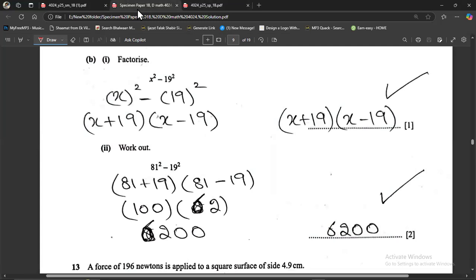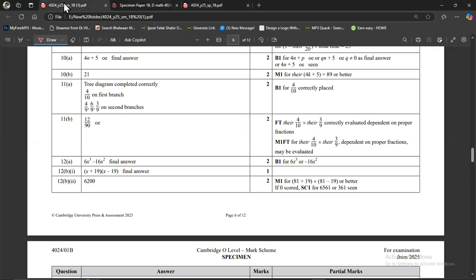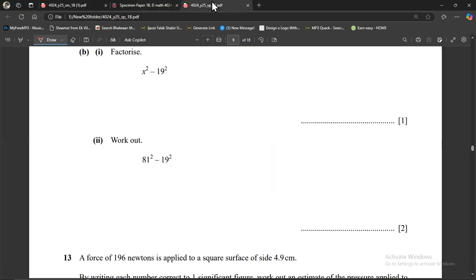So 81 plus 19 into 81 minus 19. 81 plus 19 is 100, and 81 minus 19 is 62. So 62 multiplied by 100 is 6200. My answer is 6200. You can see the answer is right. This is how it is done.